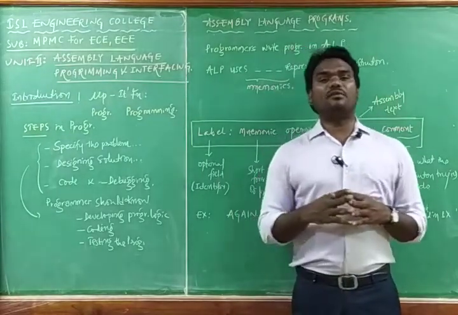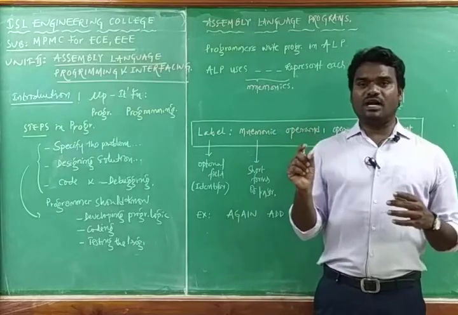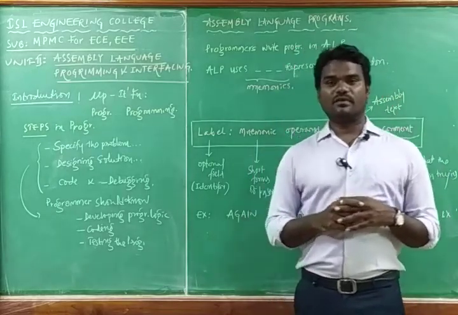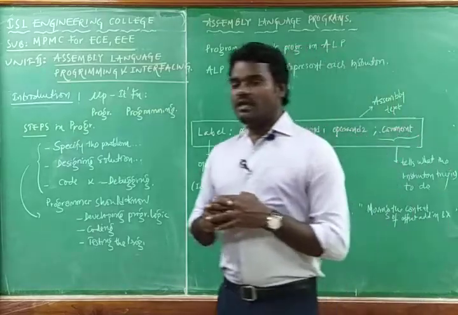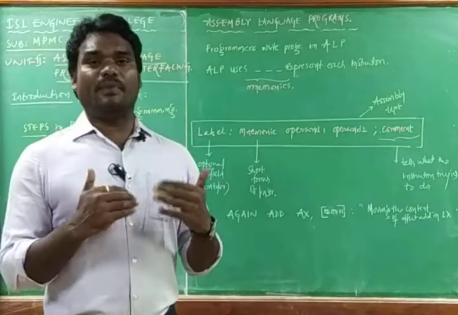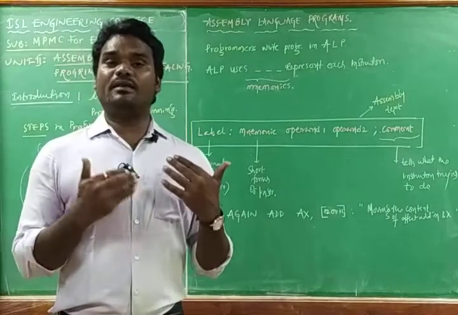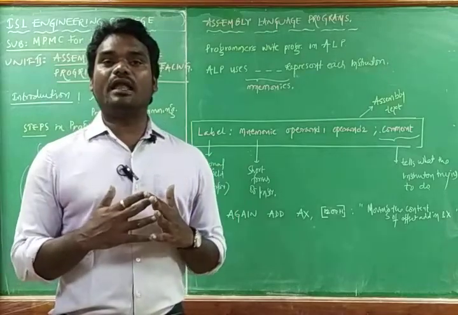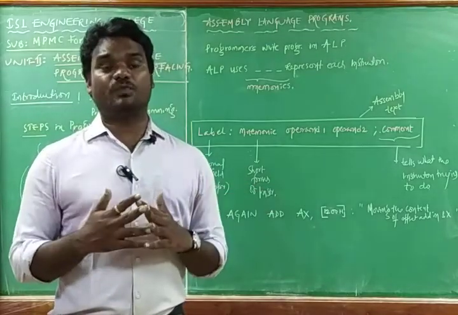Assembly language programs make use of some short forms of English words only. It is very difficult to write the program in binary form or machine language, so we depend on another language called assembly language programming.